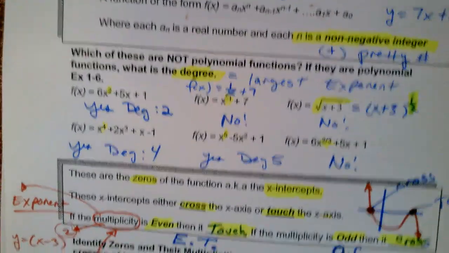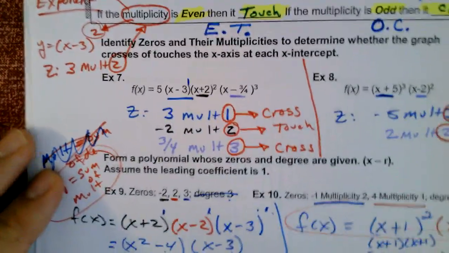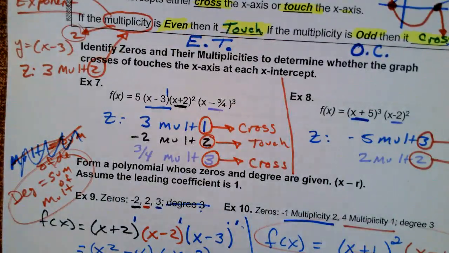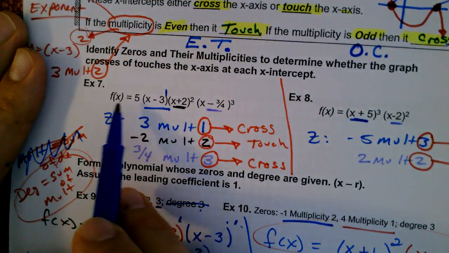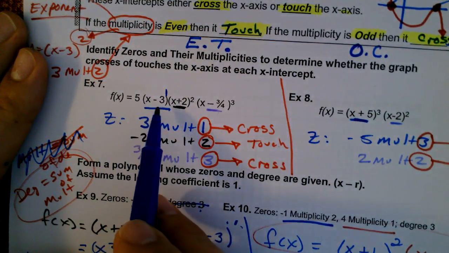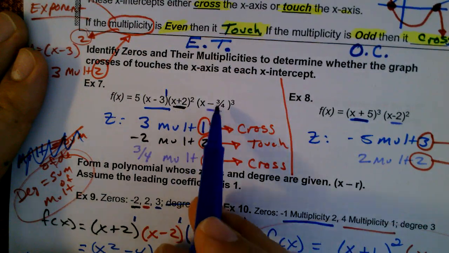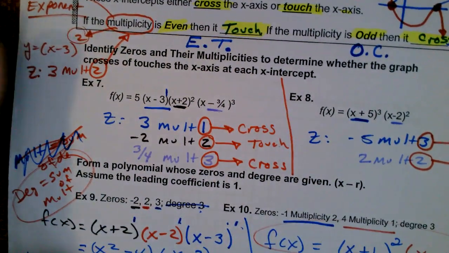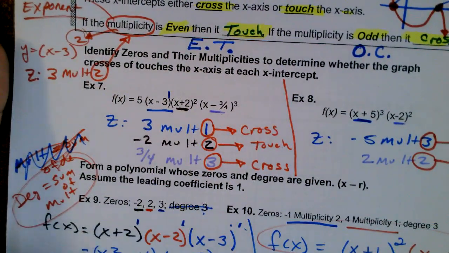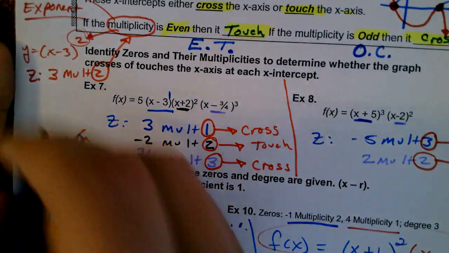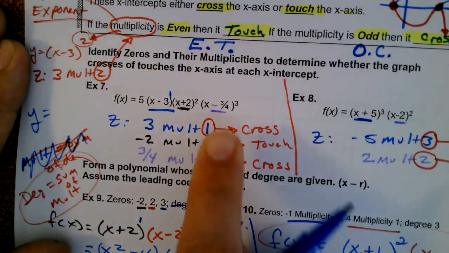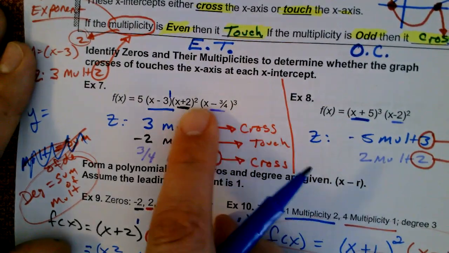If I look at example 7, I have f of x equals 5 times (x minus 3) times (x plus 2) squared times (x minus 3/4) cubed. I could FOIL that thing out, but I don't want to do that. I know that the degree is the sum.